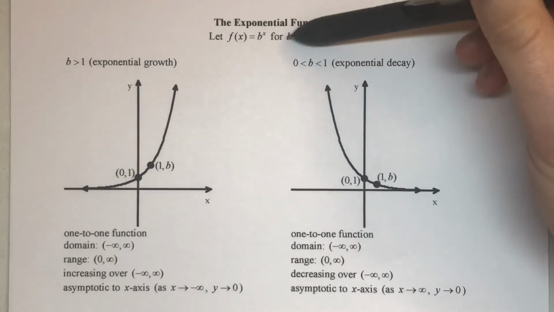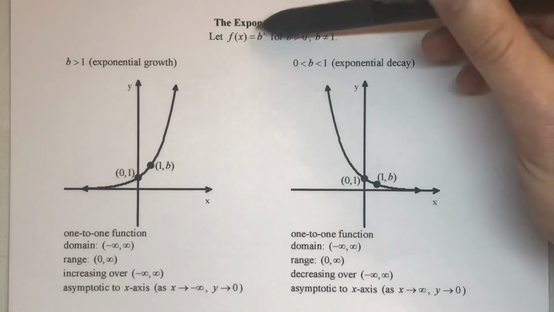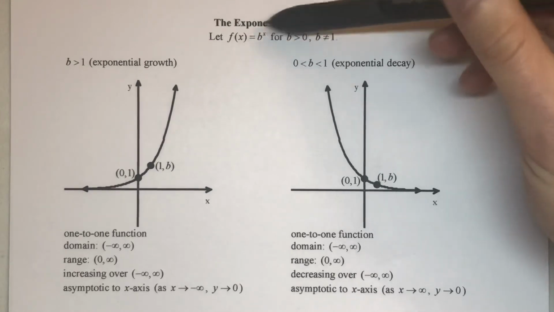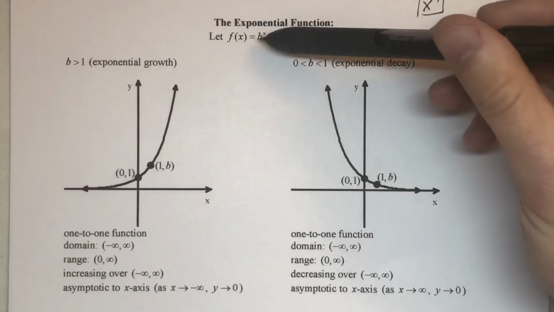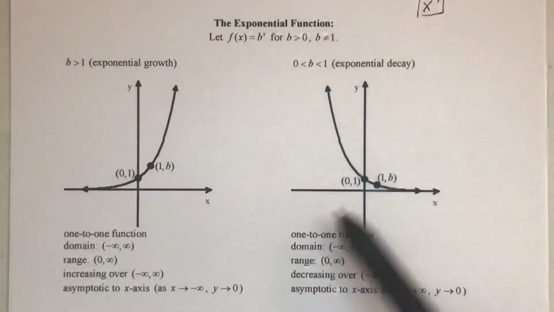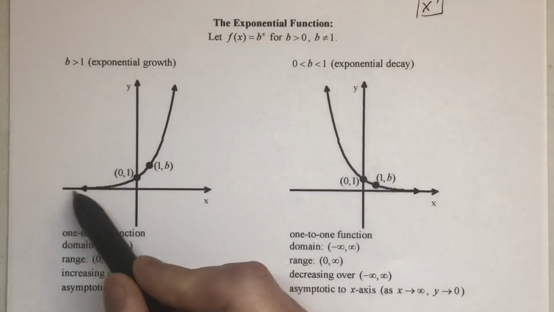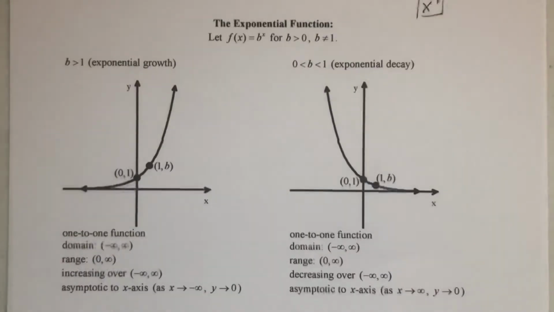Again, if we're thinking about b being a positive number, if you take a positive number to any power, you get a positive number. There's no way to get any negatives out of a positive number to a power, right? In fact, since we're excluding 0, you can't get 0 either. There's no way to get 0 out of this. So that's why we're going to have all positive y values for our range.